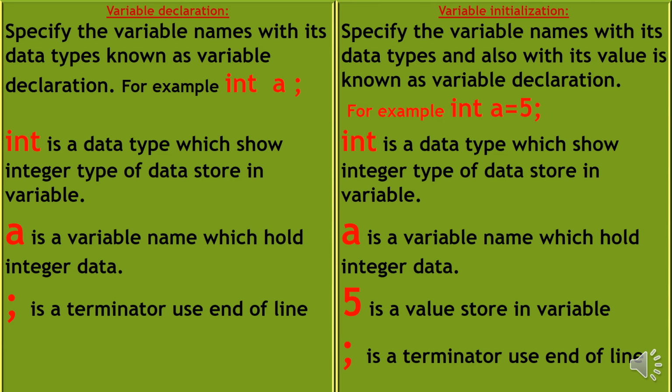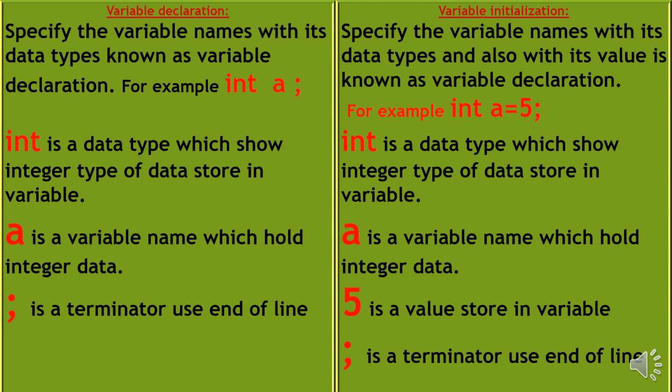What is meant by variable initialization? Specifying the variable name with its data type and also with its value is known as variable initialization. Here is the difference. In a variable declaration, we declare a variable with its data type, but in a variable initialization, we declare a variable with its data type as well as its value.